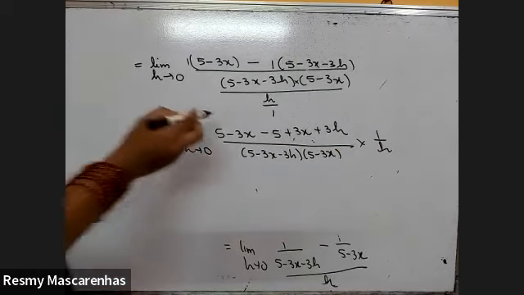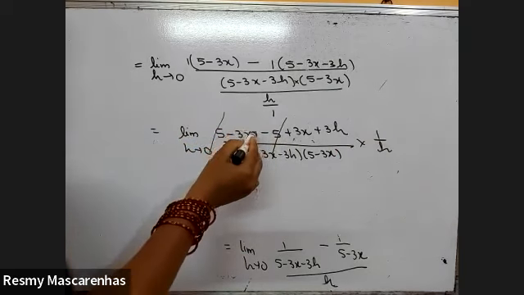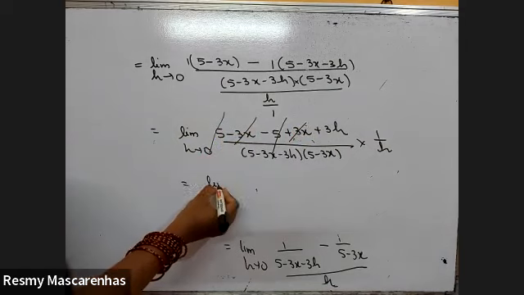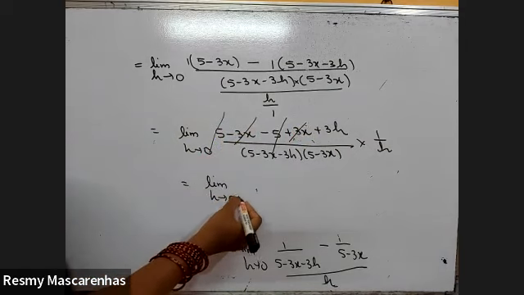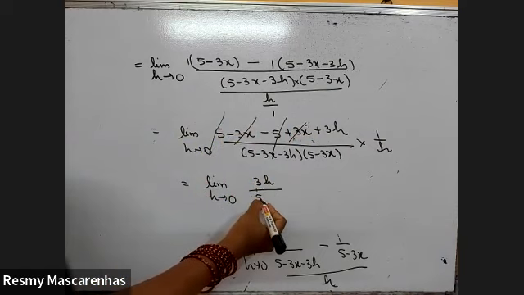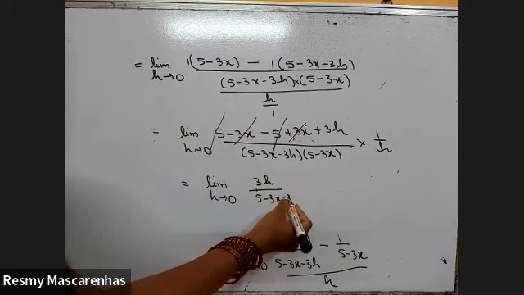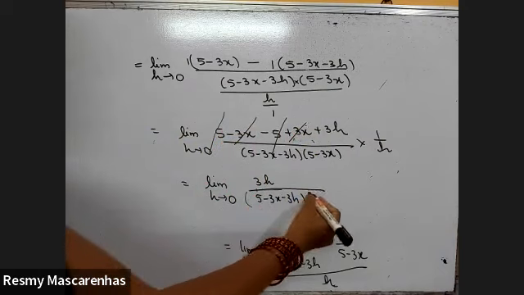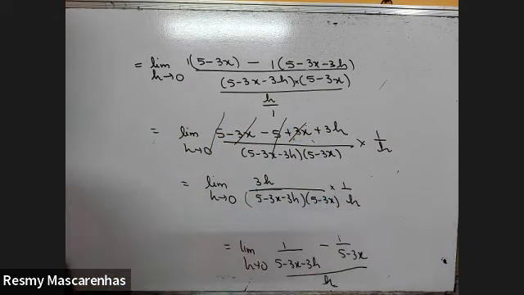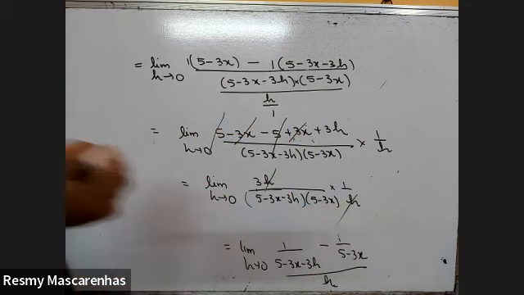Now what all will cancel? So what remains is limit h tending to 0, 3h upon... so h and h will cancel now.